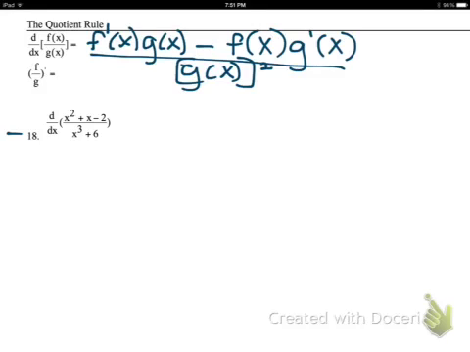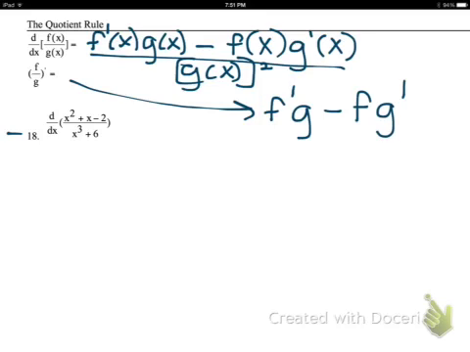Okay, the other notation that makes it a little simpler is f prime times g minus f times g prime, all over g squared. Same thing, this is just using function notation, using f and g.